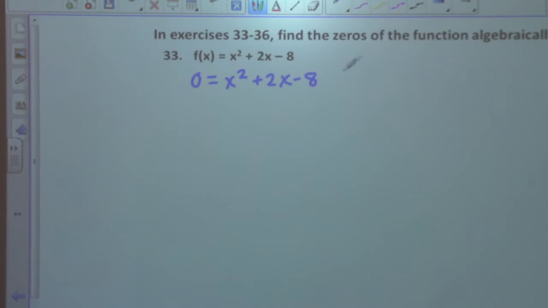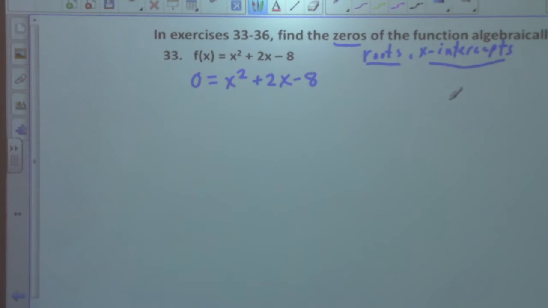And what are synonyms for zeros? Roots is also a synonym. Very good. What else? X-intercepts is also a synonym. Any other synonyms? Now it's not exactly a synonym. What's another word that's almost like a synonym but not quite?